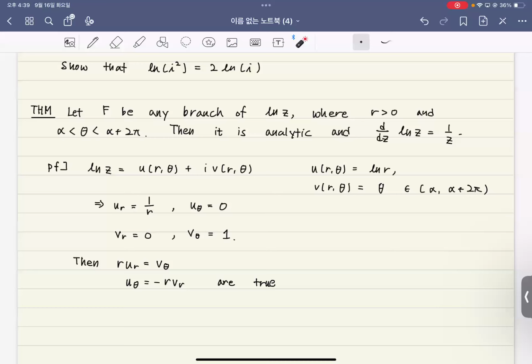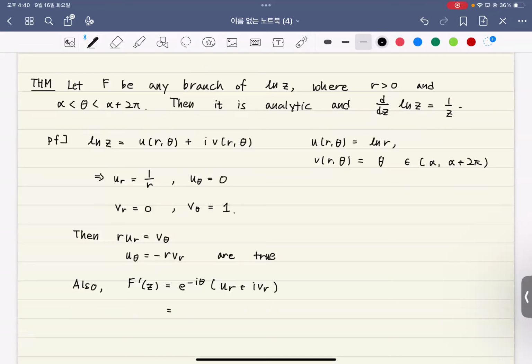And this is true for some reasonably large open domain of this branch. Therefore, I am safe to say this function is complex differentiable, and also analytic in this domain. Also, in terms of polar coordinates, the derivative can be written as e to the minus i theta times (u_r plus i times v_r).